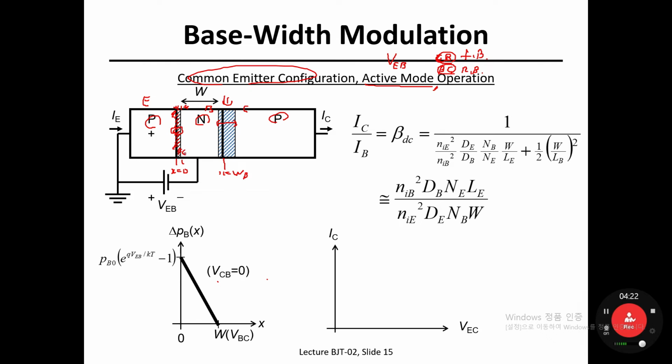However, the quasi-neutral region, I mean, other than the depletion layer, is defined as W, the base width, and this edge is defined at X of W, from 0 to W. You remember this, and you should be very familiar with this notation. Anyhow, now the PNP BJT is hooked up as common emitter configuration, and it is working in active mode.